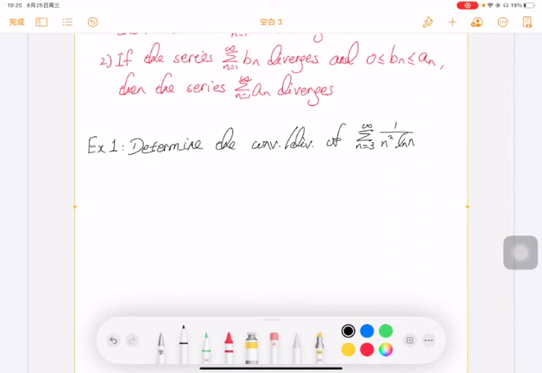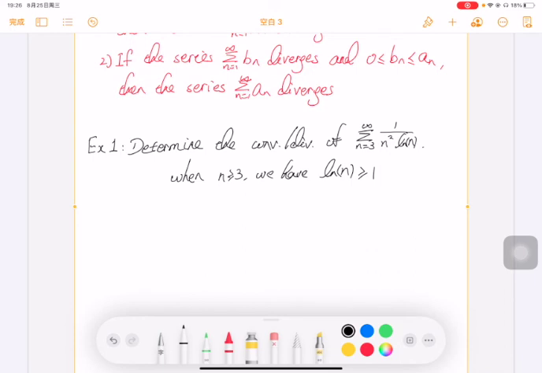Okay, to determine the convergence or divergence of this, we need to find an appropriate series Bn to compare this to. Now we notice that when n is larger than or equal to 3, ln of n is larger than or equal to 1, because the exponential constant e is between 2 and 3.